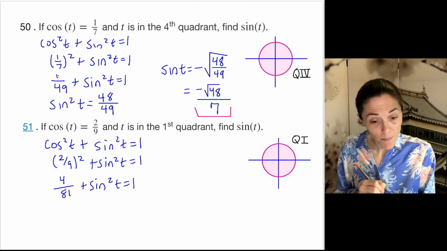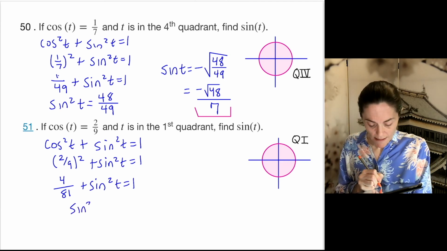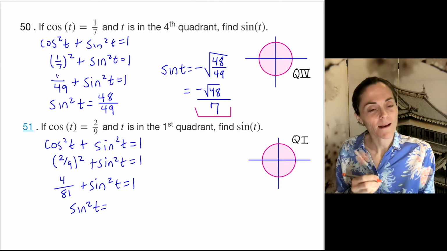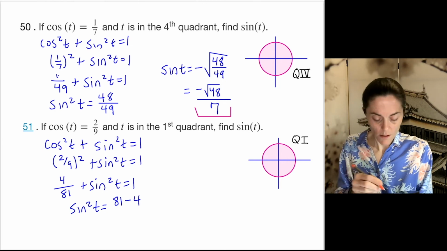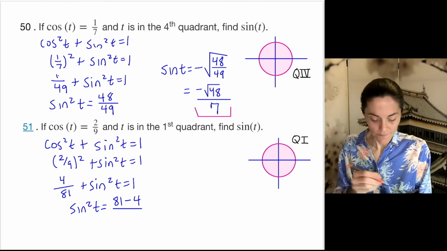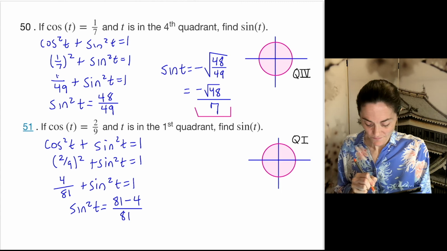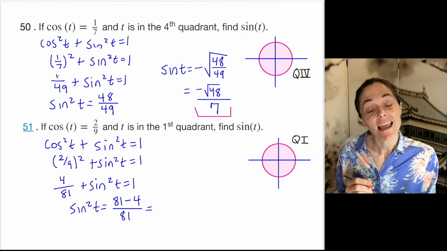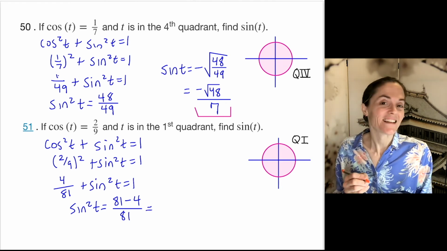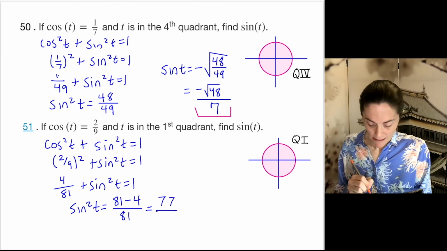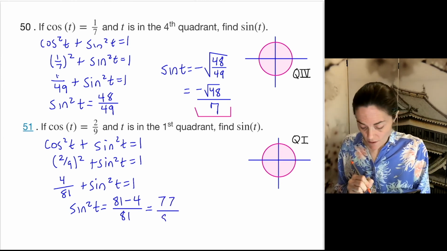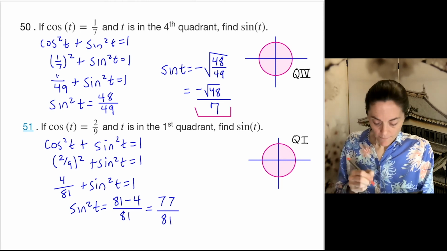Just like the problem above, I can subtract. So I get sine squared t. Maybe I'll do this one in 2 steps. This would be 81 minus 4 over 81. And 81 minus 4 is 77. So sine squared t is 77 over 81. Very nice.